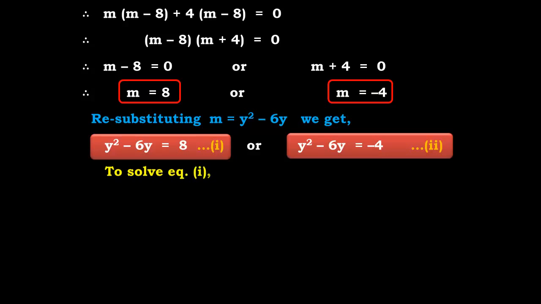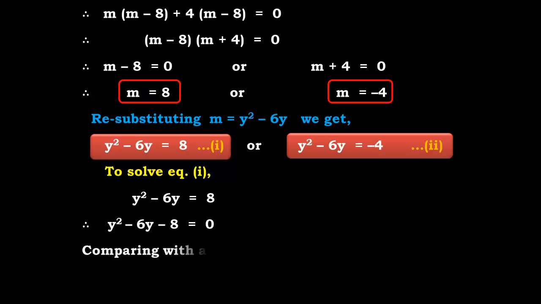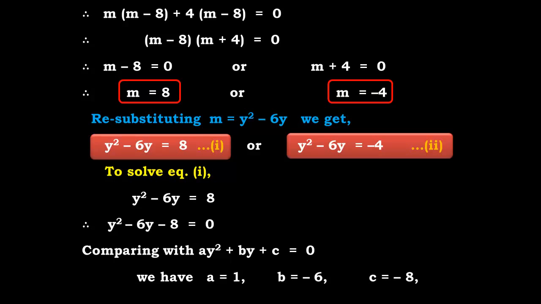So to solve equation 1, y square minus 6y is equal to 8, y square minus 6y minus 8 is equal to 0. We can compare this with ay square plus by plus c is equal to 0. So we have a is equal to 1, b is equal to minus 6 and c is equal to minus 8.